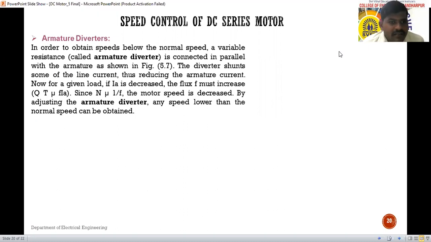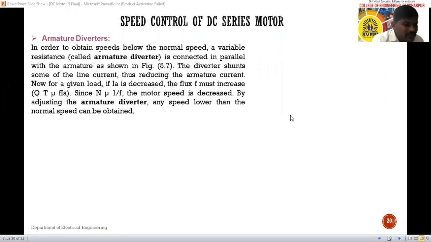In this technique, we connect a resistance in parallel with the armature. If a resistance is connected in parallel with the armature, then the armature current will be diverted.